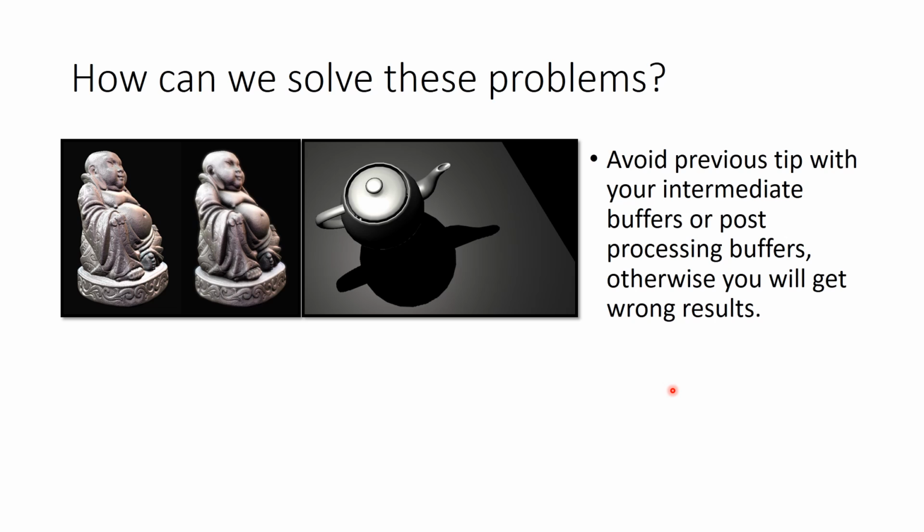And obviously, you should avoid the previous tip with your intermediate buffers. For example, the buffers that you use for shadow mapping or post-processing shouldn't be in the sRGB format, because you are storing linear data there, not sRGB format data. Otherwise, of course, you will get wrong results.